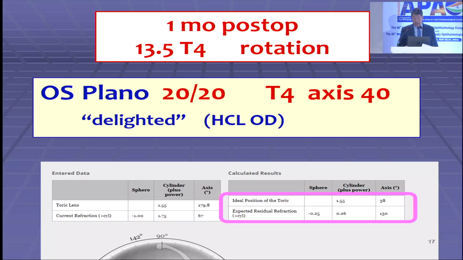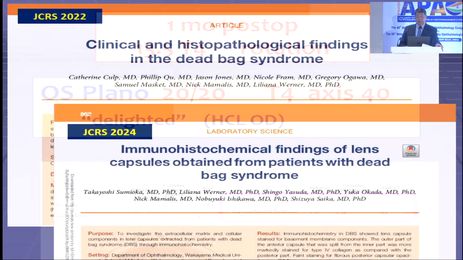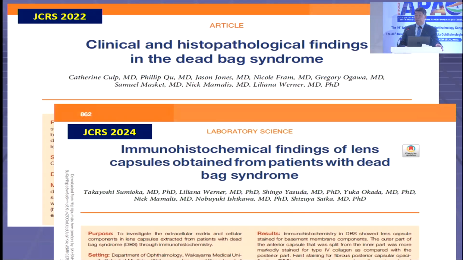Anyone in the audience have a thought on what's going on? It's very unusual. Yeah, exactly. So this is the dead bag syndrome, and I recognized it sort of afterwards.